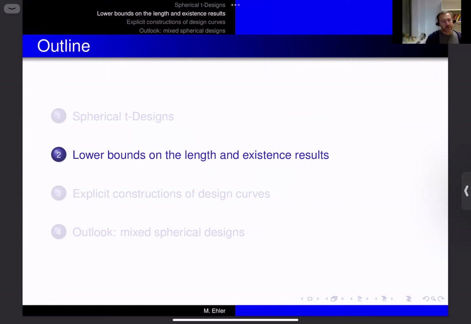And we ask similar questions, or questions that are analogous in terms of curves. And one question could be, well, now we don't have number of points, but now we have length of the curve. So maybe there's some bound going on the length of the curve.